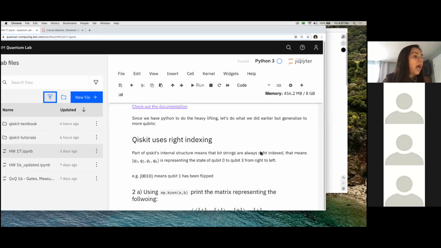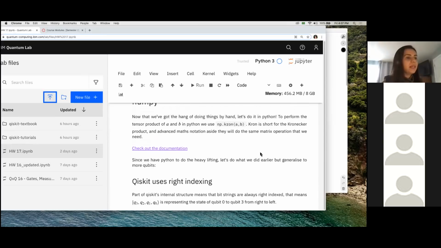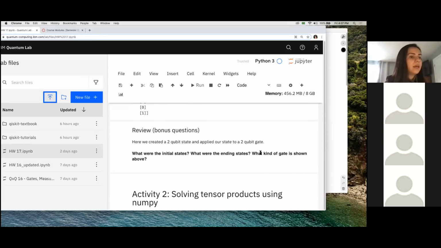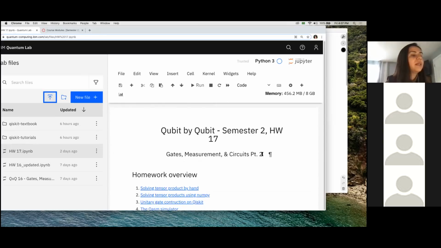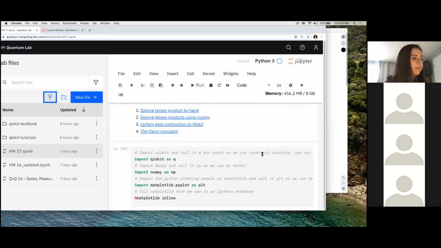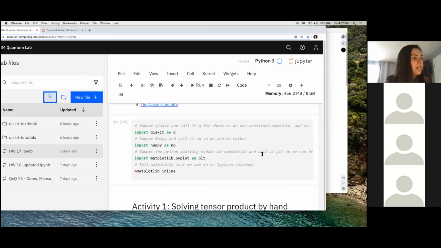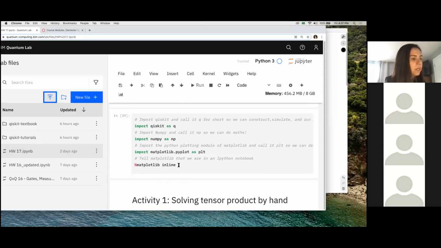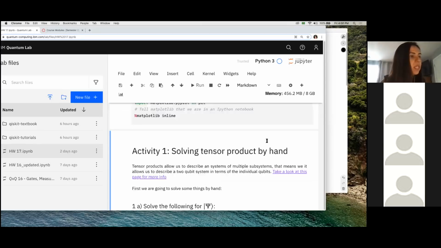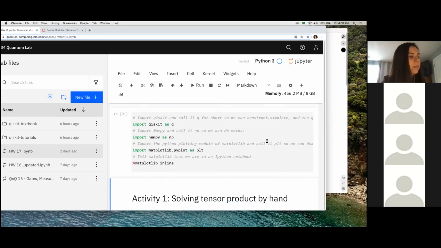I'm gonna read it aloud with you guys because when we read it, we understand better. First thing we have to do in this notebook is making it run. So Shift Enter should make it run.